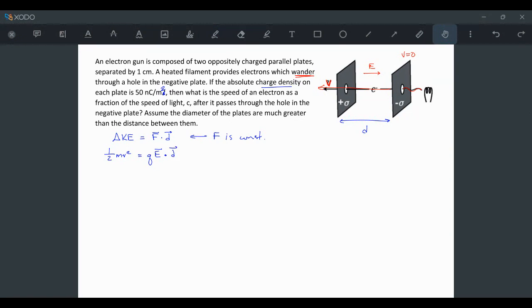You have to find the way that is best for you to solve this. You can be very careful. You can say that Q is equal to minus e, and that the electric field is equal to whatever magnitude it is times i hat. And you can say that D, the distance that's traveled, is equal to magnitude D in the i hat direction.